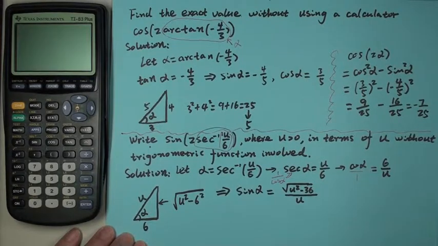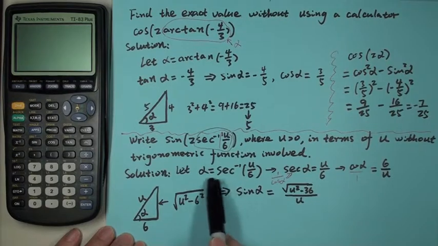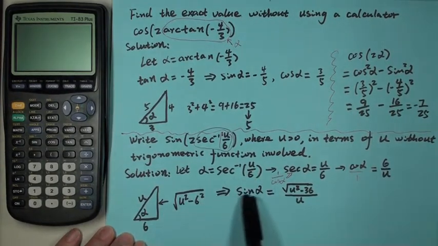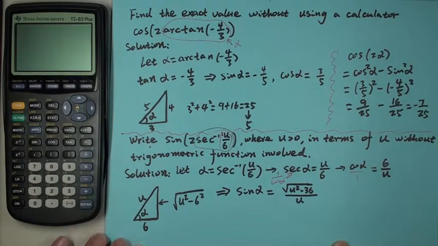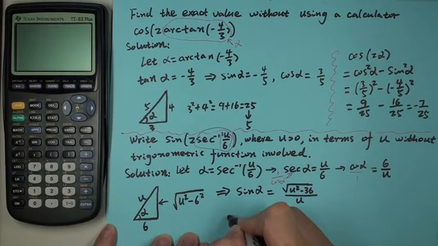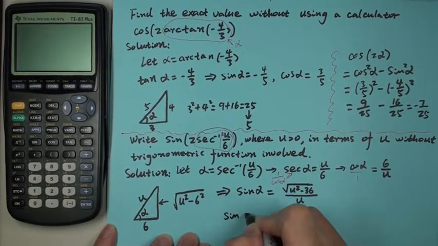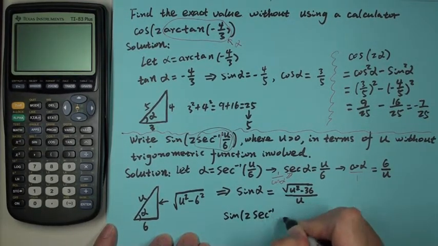So again, down here, once you let alpha equal secant inverse u over 6, you can do one thing right here. Another thing is that the thing you want will be, let me write here, sine 2 secant inverse u over 6.